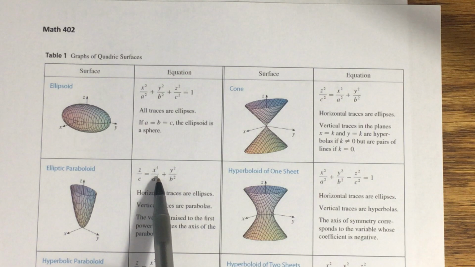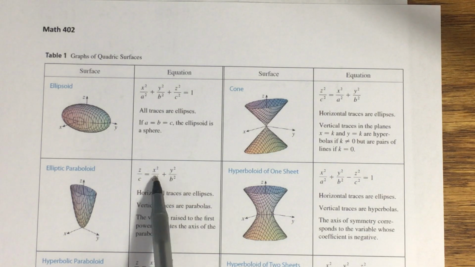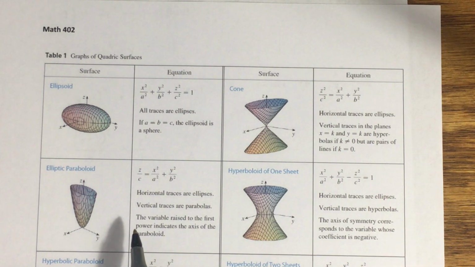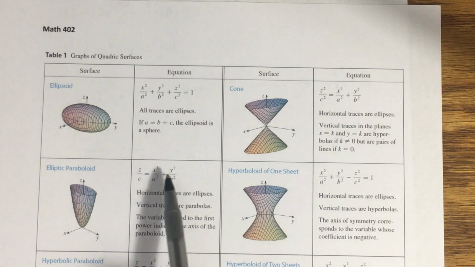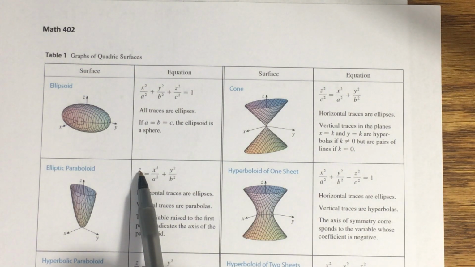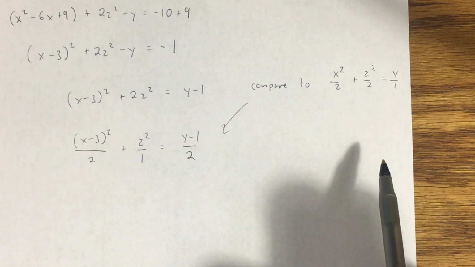Notice on my elliptic paraboloid, I have 2 positive terms, both being squared, added together, and equal to the other variable not being squared on the other side of the equation. The only difference is that it's the z that appears as the linear term here, whereas it's the y that appears as the linear term here.